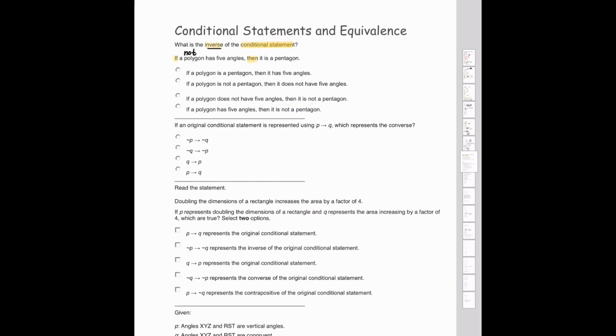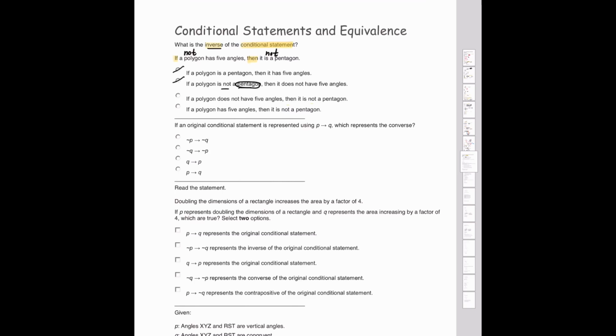So we would just simply add in not. So let's look at the answer choices to see what follows that model. If a polygon, well, we do not see not, so we can exit that out. If a polygon is not a pentagon, well, we can exit that out. Why? Because we here see that the conclusion has been changed around, which is what we are not looking for.